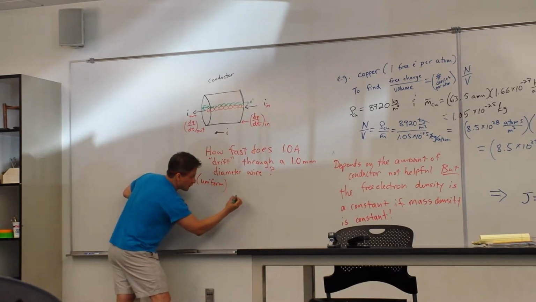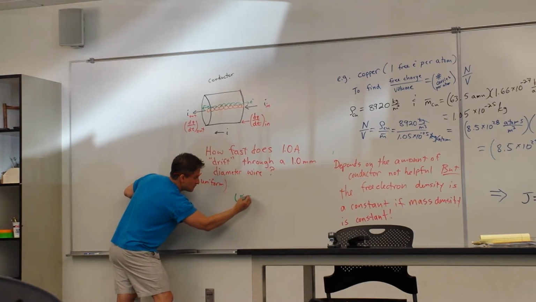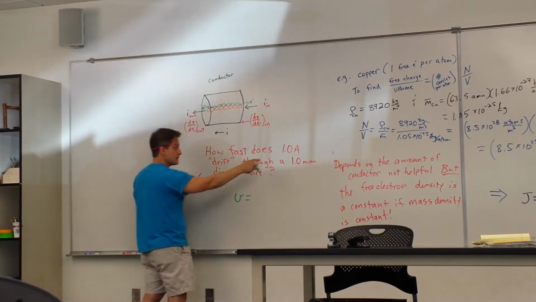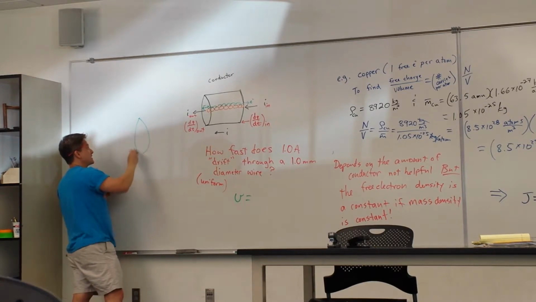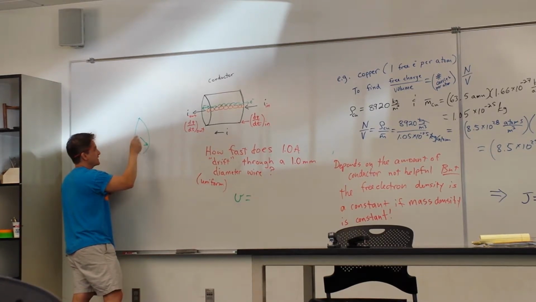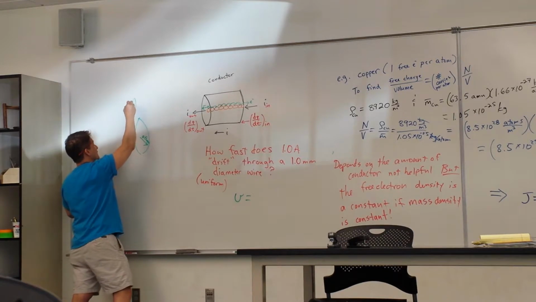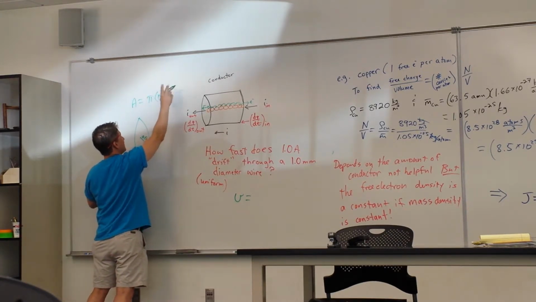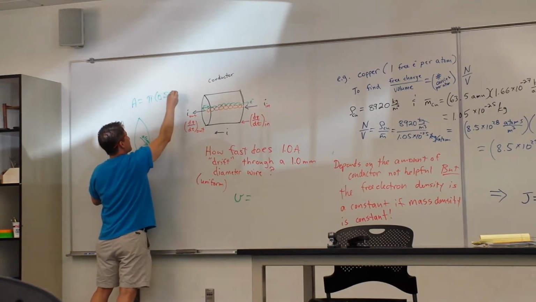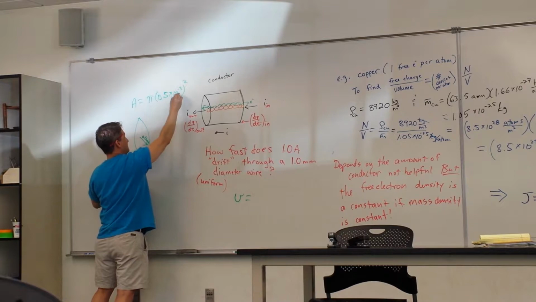But if we were to solve for V, we would take the current per unit area, and the cross-sectional area, if this is A, it's going to have a diameter of 1 millimeter, or I mean a radius of a 1/2 millimeter. So the area of this thing would be pi times 0.5 times 10 to the negative third, or 5 times 10 to the negative fourth, squared meters.